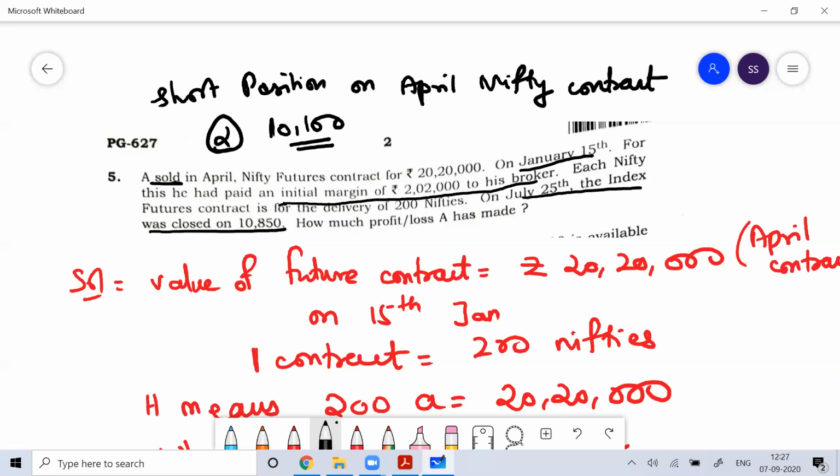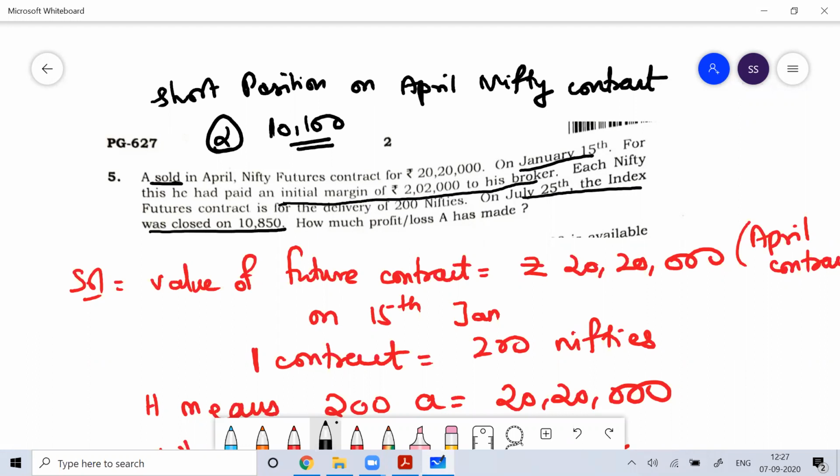So if you are taking a short position, before the expiry on the last Thursday of April, you will take a long position. That way it gets squared off, and then in April you can take the July contract. This is called rolling the hedge forward.